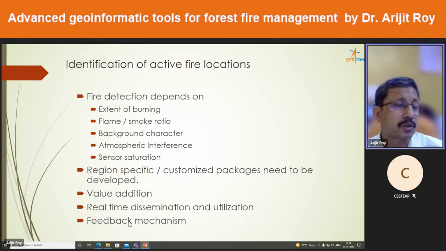It also needs to be told at which location, which beat, which block, which compartment, which division the fire is active. And this has to be transmitted to the stakeholders, in this case in India, the forest departments, in real time for utilization.